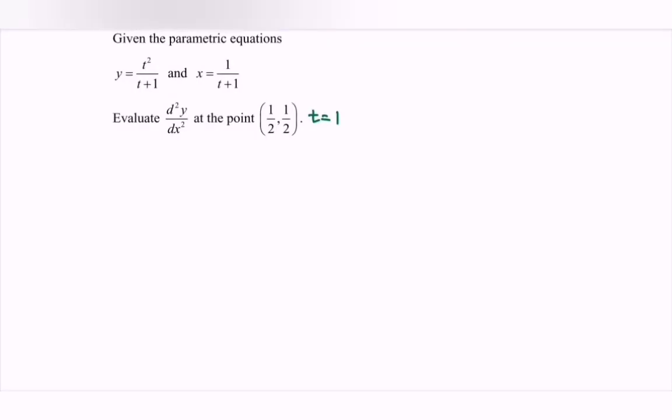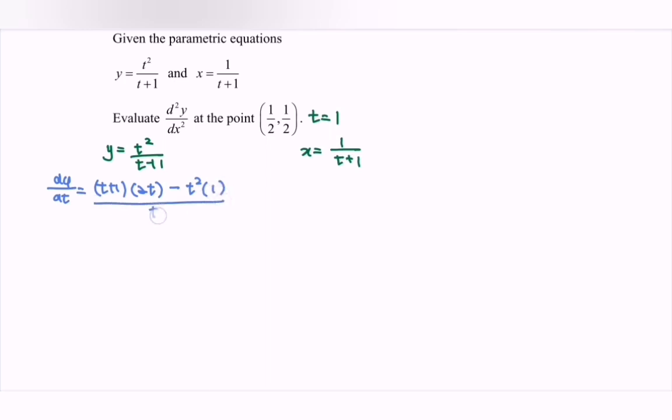So let's begin. Here we have y equals t squared over t plus 1, then x equals 1 over t plus 1. Kindly differentiate. We have dy/dt, where we have (t plus 1)(2t) minus t squared, over (t plus 1) squared.